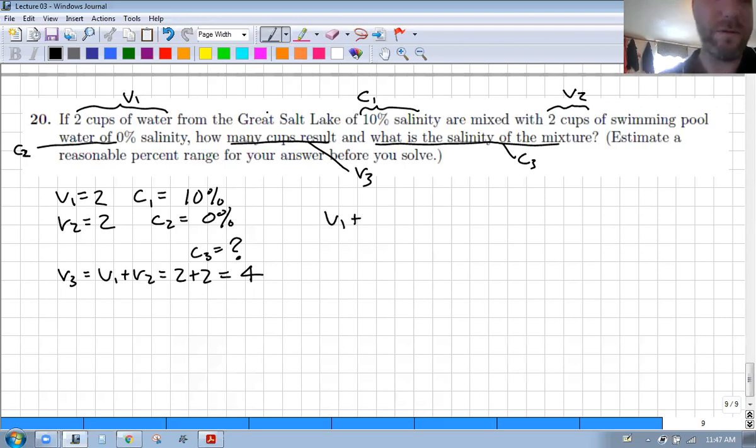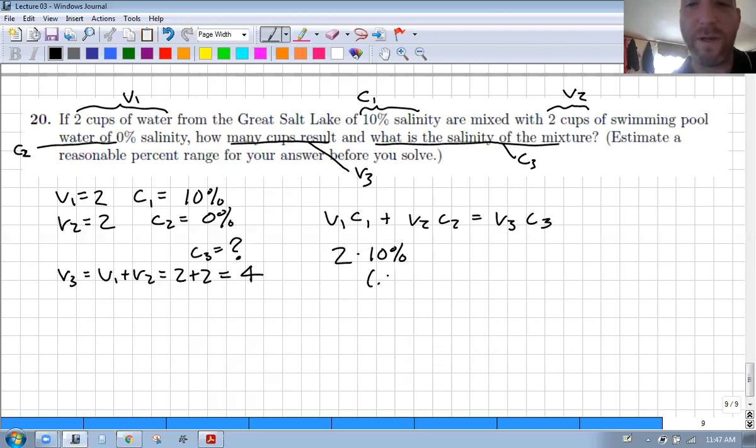V1 C1 plus V2 C2 equals V3 C3. So let's plug in our numbers here. V1 is 2. C1 is 10%. These percentages, you can write them like this, or you could write it as 0.1. Either way, your answer is either going to be in decimals or in percent, so you can do it either way you want. V2 is 2.